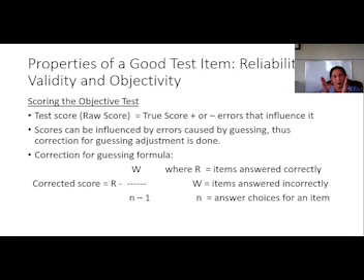The raw score is simply a representation of the true score plus or minus errors that influence it. What do we mean by plus or minus?